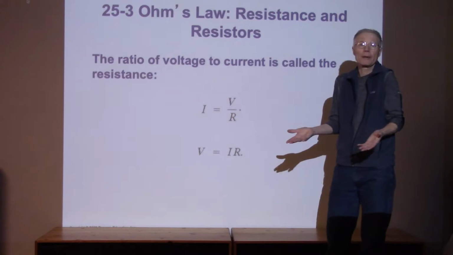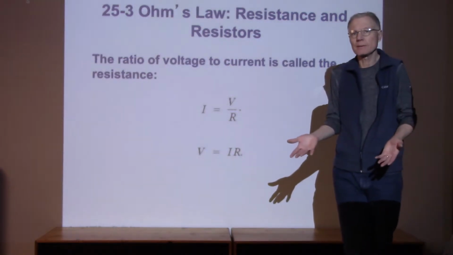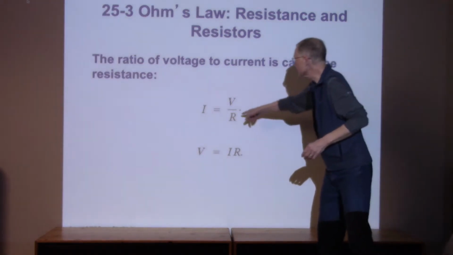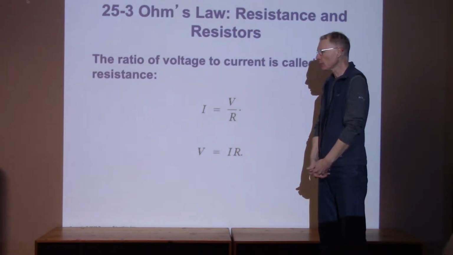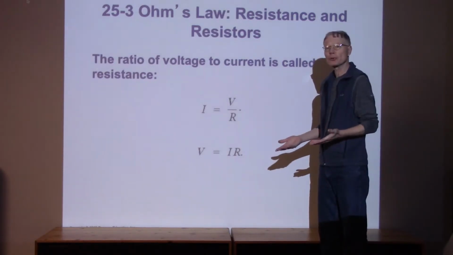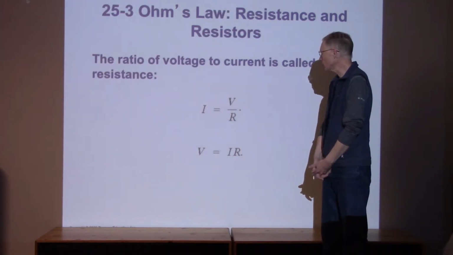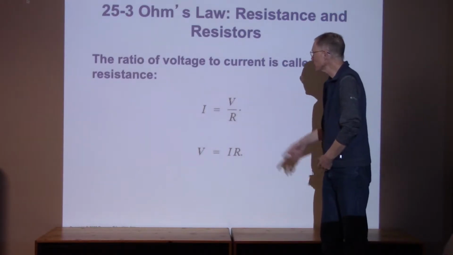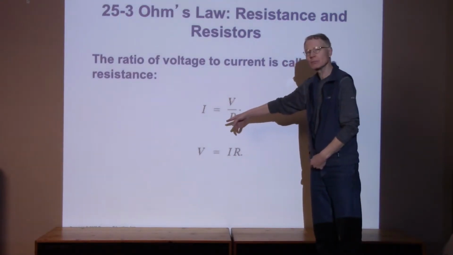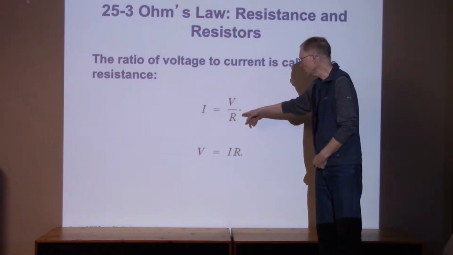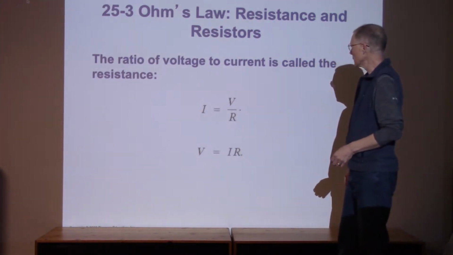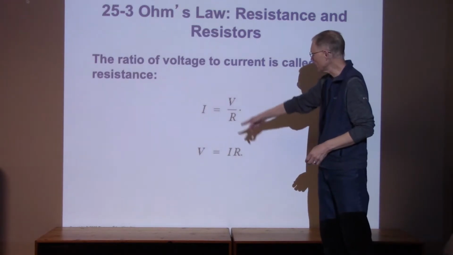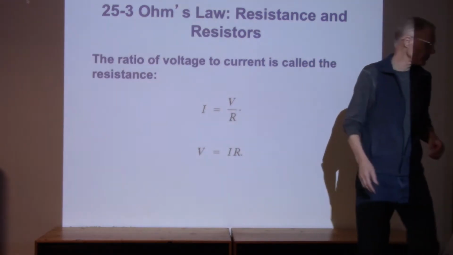For copper wiring, and for a lot of devices that we build, the resistance is a fixed number. But especially for more modern diodes, transistors, those sorts of semiconductor devices, this formula doesn't work well. The resistance is more complicated. Anyway, for our purposes, we're just going to stick with the idea that resistance is a constant.